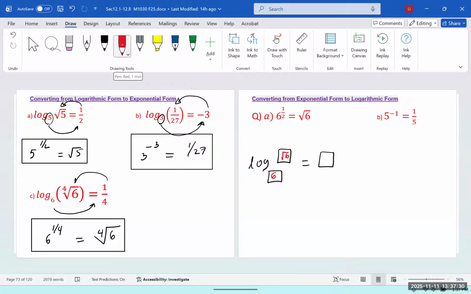And the right side is 1/2. I always have to check whether it's correct or not. So I convert 6 to the 1/2 equals square root of 6. Correct. I'm good at log to exponential, but I'm bad at exponential to log.